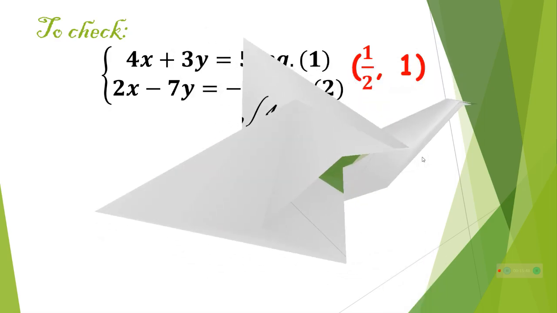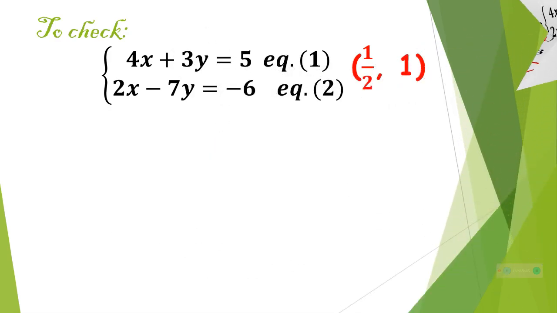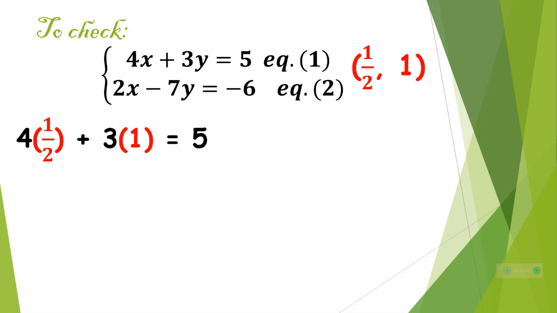Okay? And then you're going to substitute the values of x and y in our equations. On the first equation, we have 4 times 1 half plus 3 times 1 equals 5. So 4 times 1 half is 2, plus 3 is equal to 5, which is true.